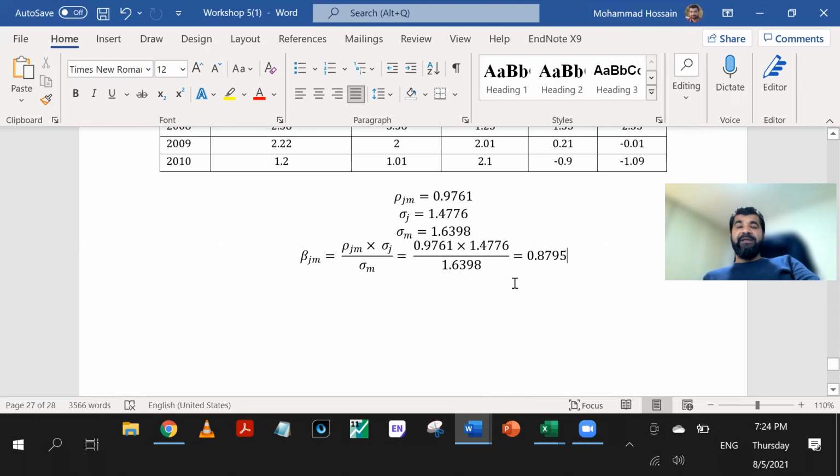What does it mean? It means 1% increase in market return. Okay.